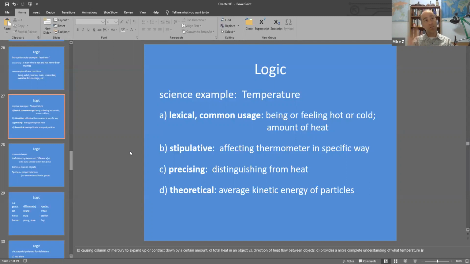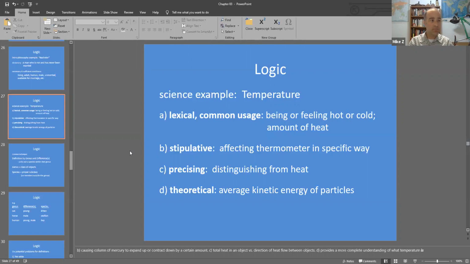Okay, then also if you look at the history of the study of this topic, you will see that it wasn't very well understood for a long time that there's actually a difference between what we're talking about in terms of temperature and what we're talking about in terms of heat. Those are closely related things, but they're not exactly the same thing. And it took a while.